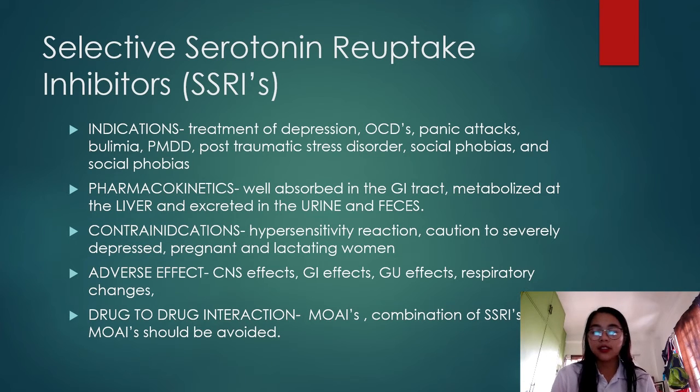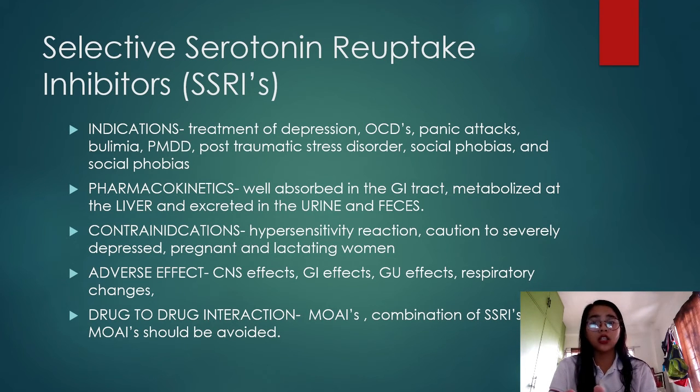For GU effects, this includes painful menstruation, cystitis, and sexual dysfunction, urgency, and impotence. There are also respiratory changes, and that includes cough, dyspnea, upper respiratory tract, and pharyngitis. Others reported that when taking this drug, they have sweating, rash, fever, and pruritus.